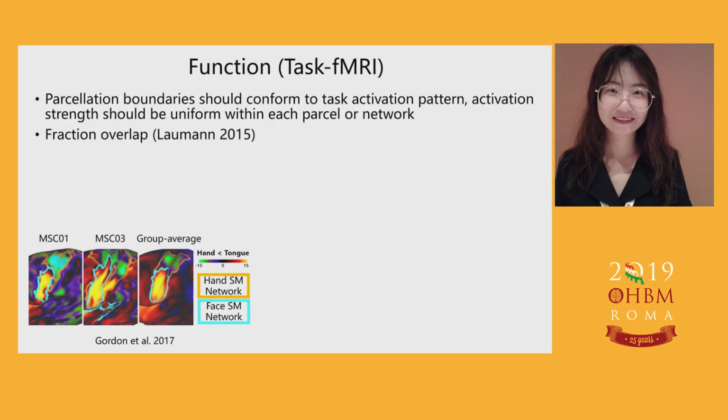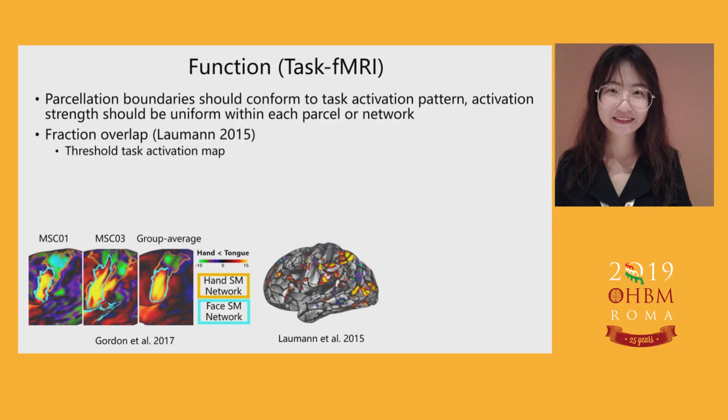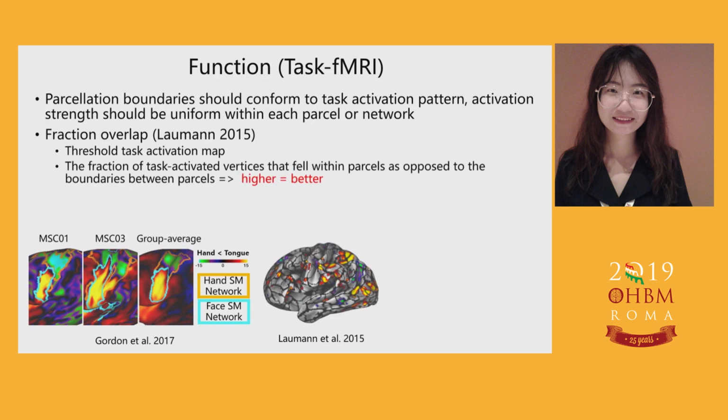To measure this, there is a metric called fraction overlap. To compute the fraction overlap, we first threshold the task activation map at a threshold level, and then we compute the fraction of the task activated vertices that fell within the parcels as opposed to the boundaries between parcels. So a higher value indicates better parcellation quality.